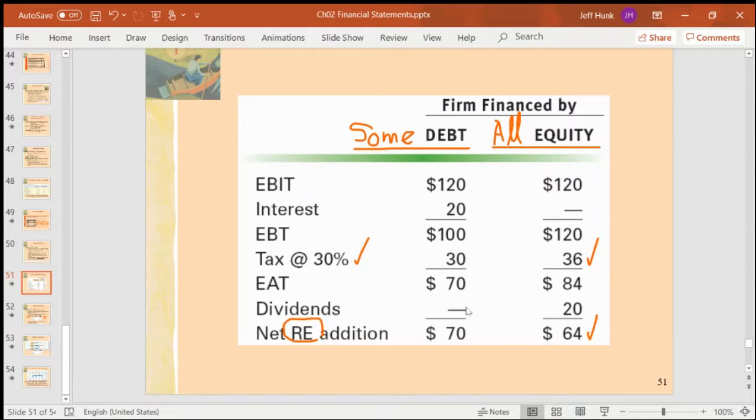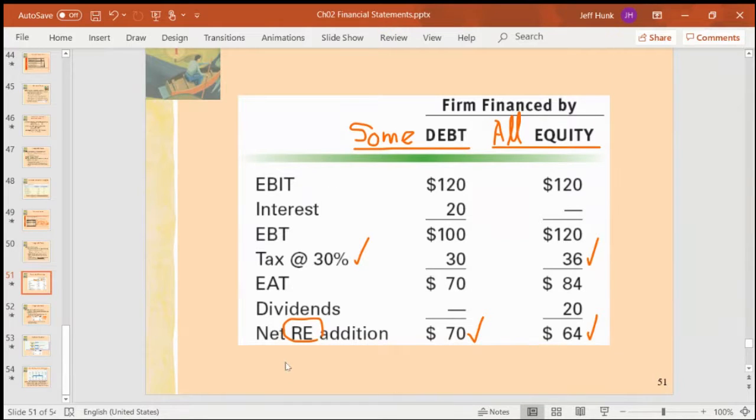And let's say they are not paying any dividend, then their retained earnings would be 70. Of course, they may pay dividends, and under a dividend paying scenario this would be different. But this doesn't have any balance sheet, so we don't know how much equity they have.